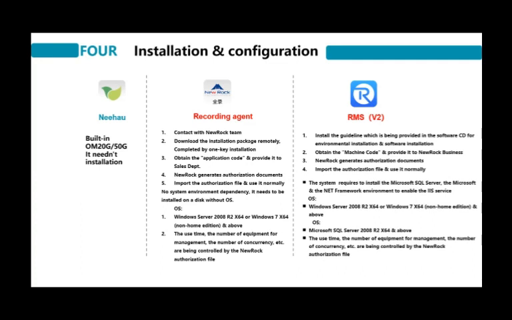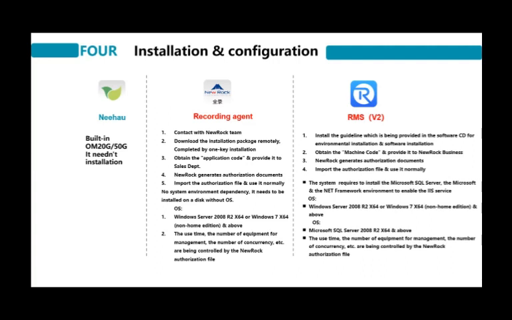Once you have the installation package, you need to give the application or the machine code from your PC and send that to our sales department, and we will generate an authorization code for you to be able to continue the usage of the installation package. It needs to be installed on a disk without OS. This is the minimum requirement.